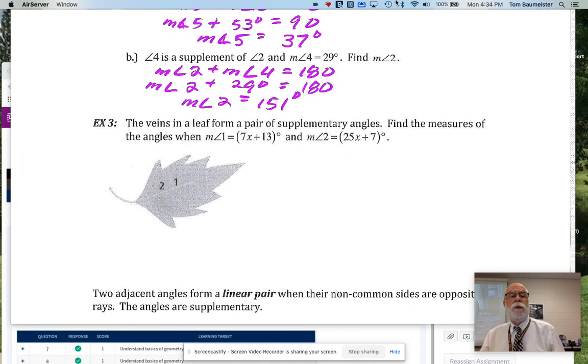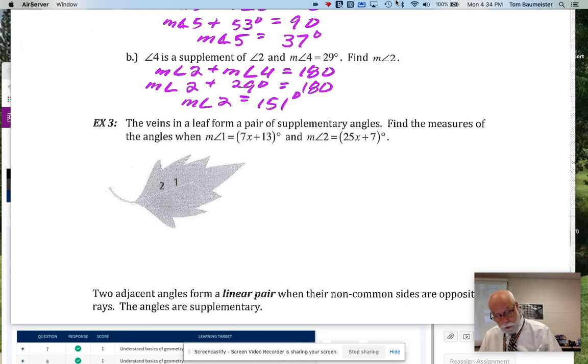All right, so on example 3 here, it says the veins in a leaf form a pair of supplementary angles. Find the measures of the angles where the measure of angle 1 is 7x plus 13 degrees and the measure of angle 2 is equal to 25x plus 7 degrees.